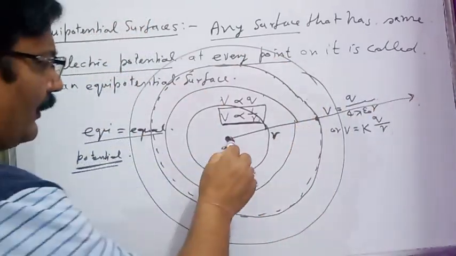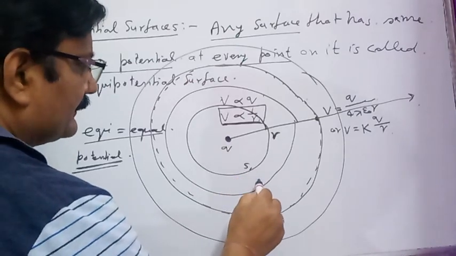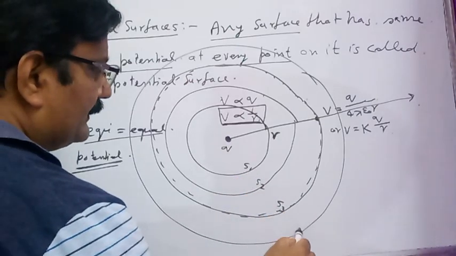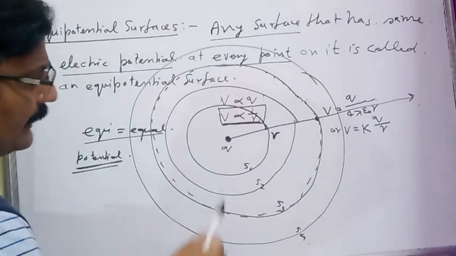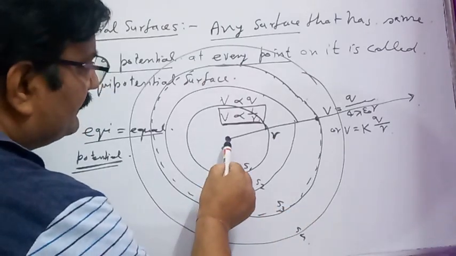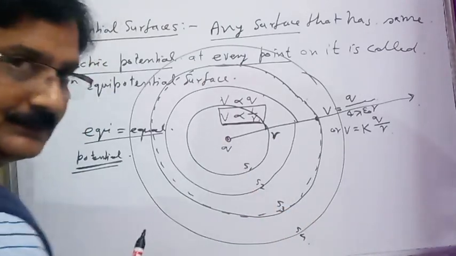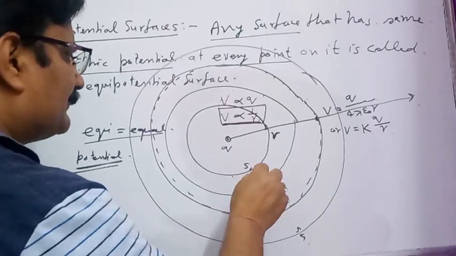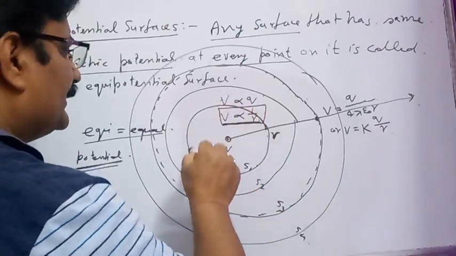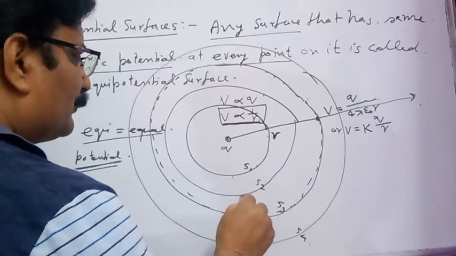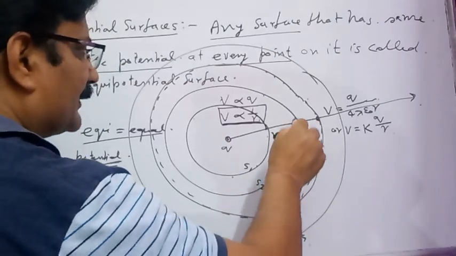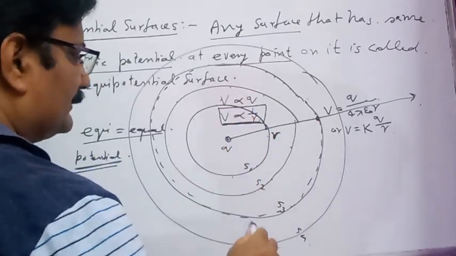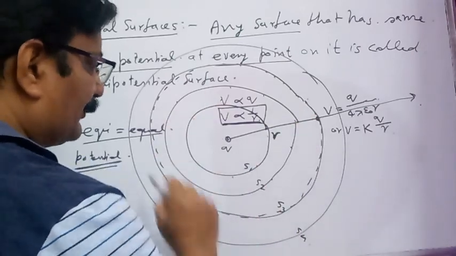Here you can see all these spheres S1, S2, S3, S4 and so on. They are equipotential surfaces for this point charge. Means potential at all the points of this surface S1 is going to be equal. Similarly, potential at all the points of surface S2 is going to be equal. S3 is equipotential surface.